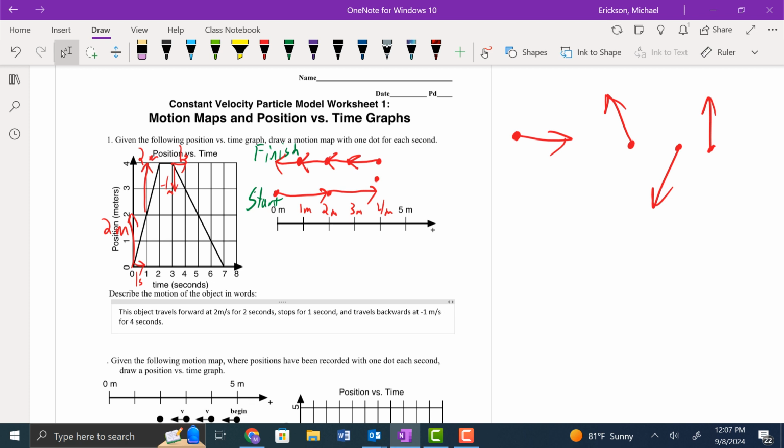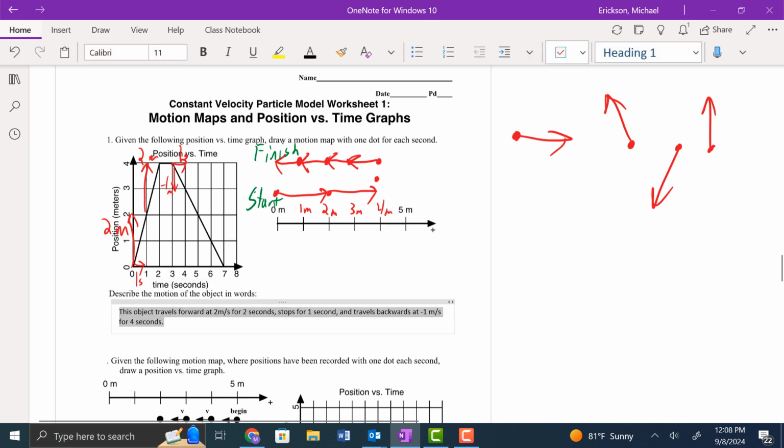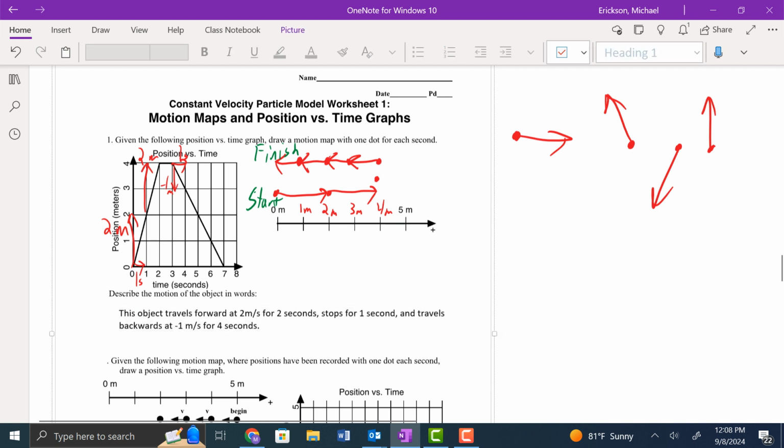Now, very dry explanation. I find that these dry explanations are better than more superfluous ones because it gets confusing if you're adding in other things. Just make it as simple as possible. So that's my description. Hopefully you're good with this.